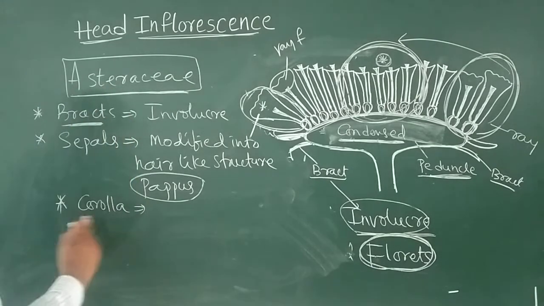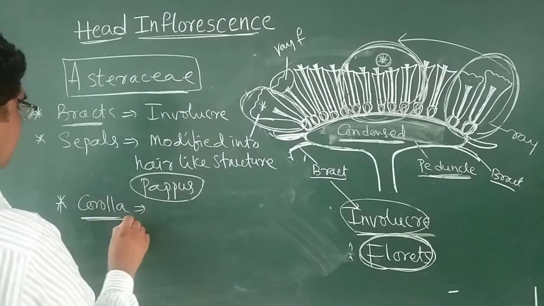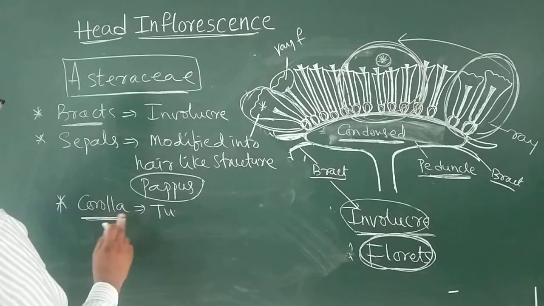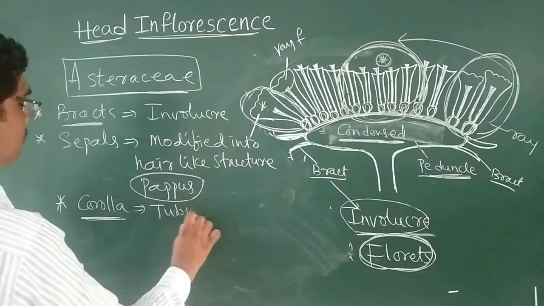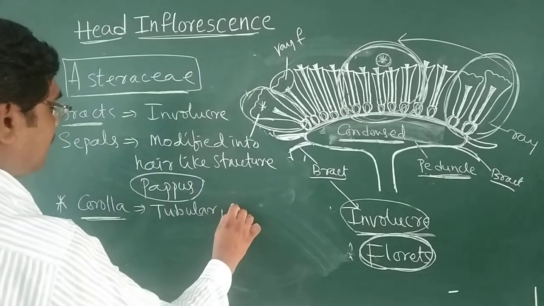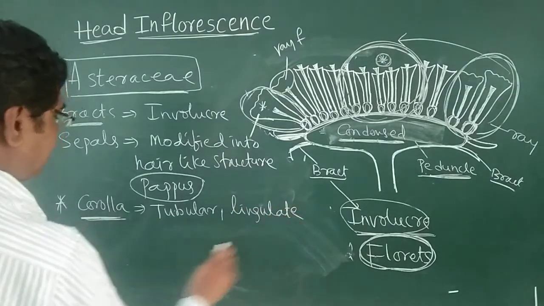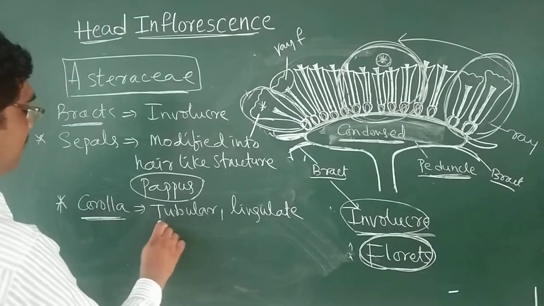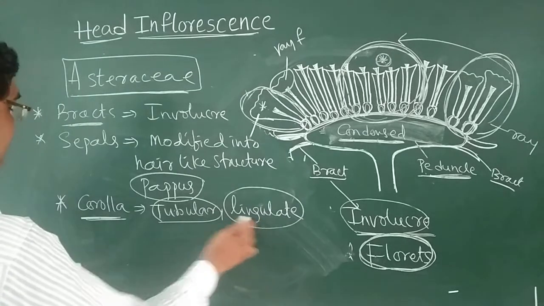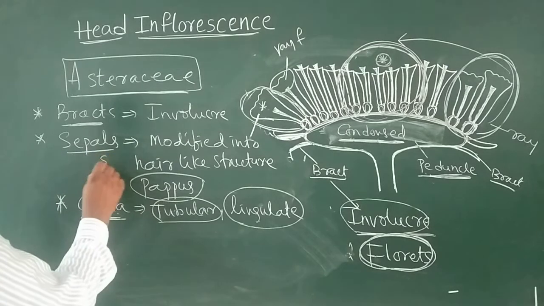In this Asteraceae family, in some plants the corolla is tubular in structure, and some florets have a ligulate corolla. Here the sepals are 5.